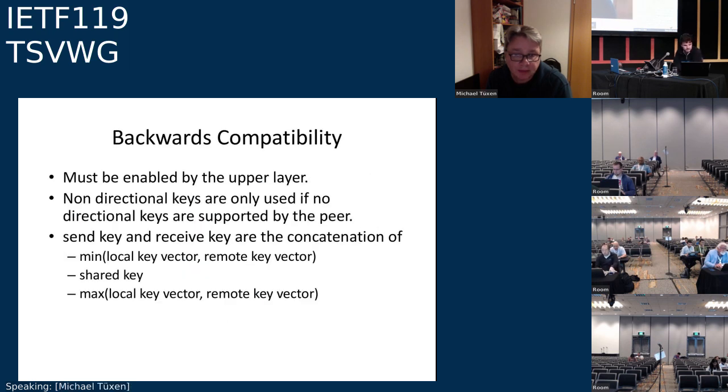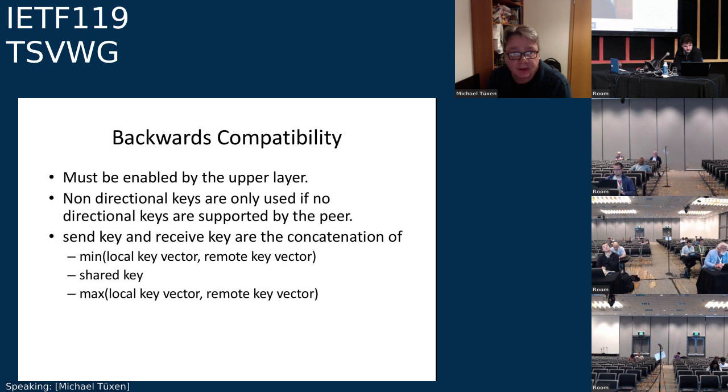There is backwards compatibility. So a node which supports the BIS document can interop with a version which supports only the old version, as long as it's enabled by the upper layer explicitly.